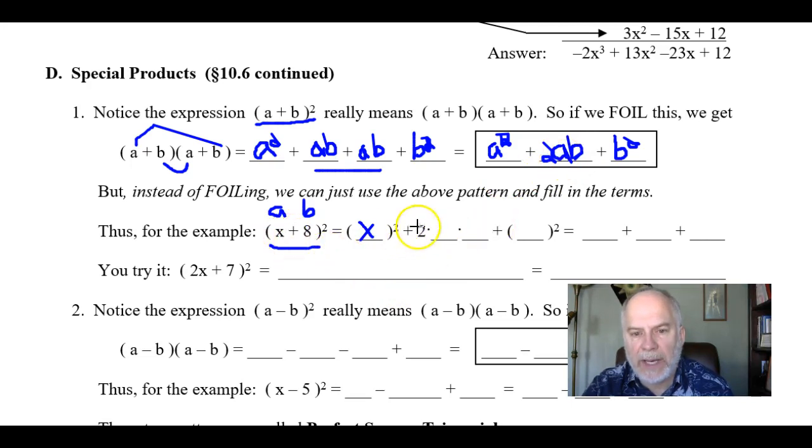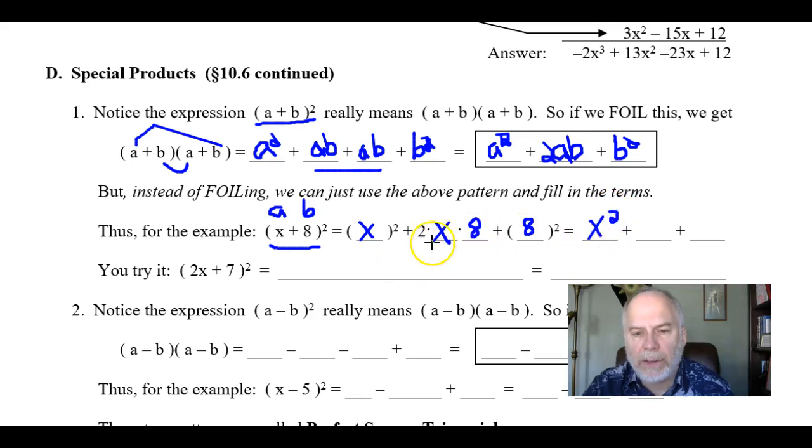Well, a was x, so 2 times x, and then times b. b is 8 here, so I'm going to put in 8 there. And then lastly, we have, according to the pattern, b squared. So 8 was our b, so I'm going to put in 8 there. And so x squared, of course, is only written as x squared.